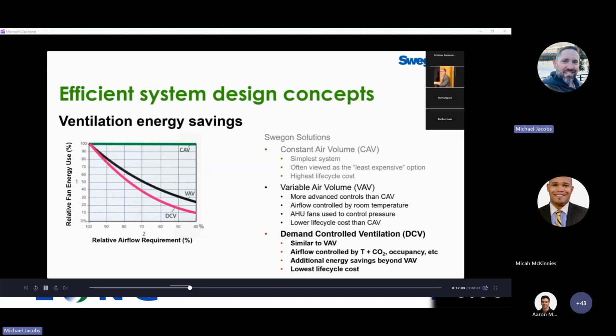If the temperature is okay, but the CO2 level's high, we could provide more airflow. But if the temperature is satisfied and the CO2 levels are low, we might be able to lower the airflow even more. So that's why the pink line shown there is below the VAV line. And we expect demand control ventilation to have the overall lowest life cycle cost.